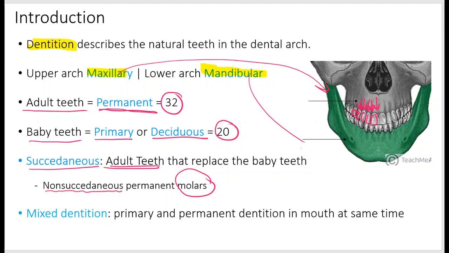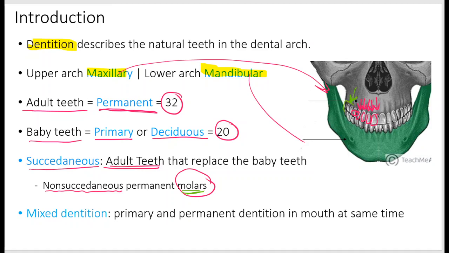So the permanent teeth that replace existing teeth are the succedaneous ones, and again they are the central, lateral, canine, and first and second premolar, because they actually replace that tooth. And then the non-succedaneous teeth are the molars because they do not replace anything.